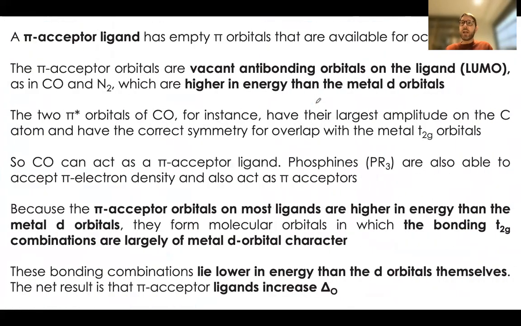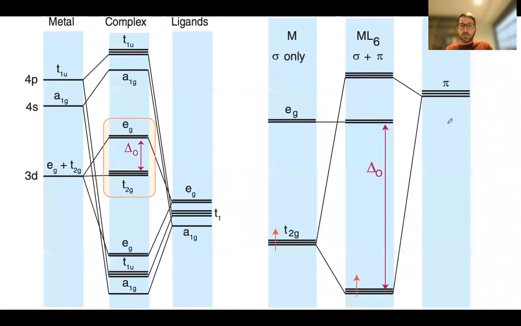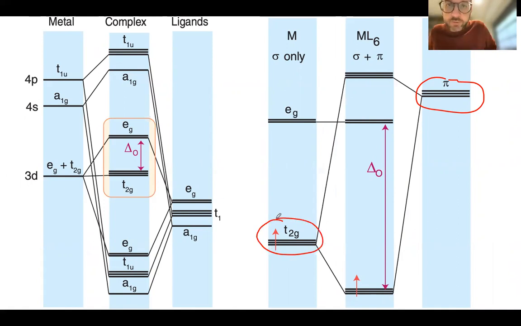In the opposite scenario, we can have ligands that are pi acceptors, so they have orbitals that can form symmetry adapted linear combinations of pi symmetry that are empty and lie above the non-bonding T2g combination in energy when we have only sigma interactions. This overlap will generate bonding and anti-bonding combinations.